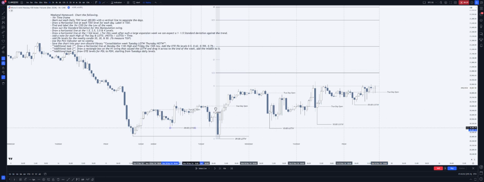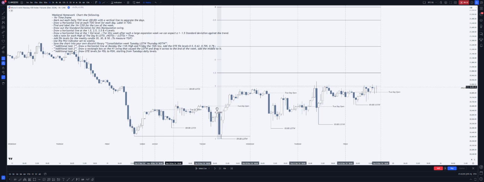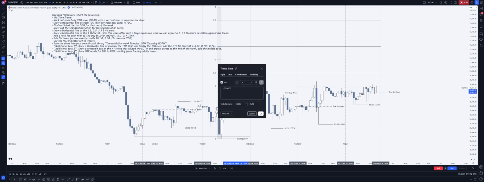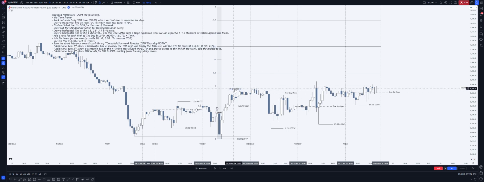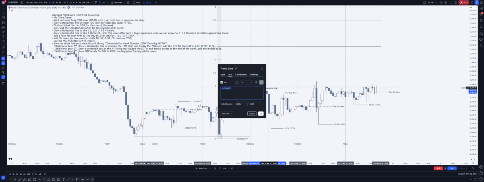About half the days in as well as we're in consolidation. 11. London getting this one.